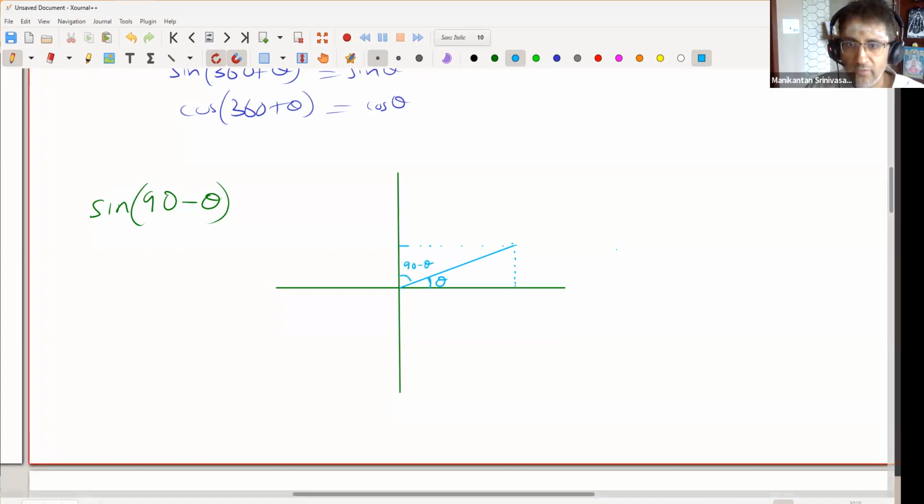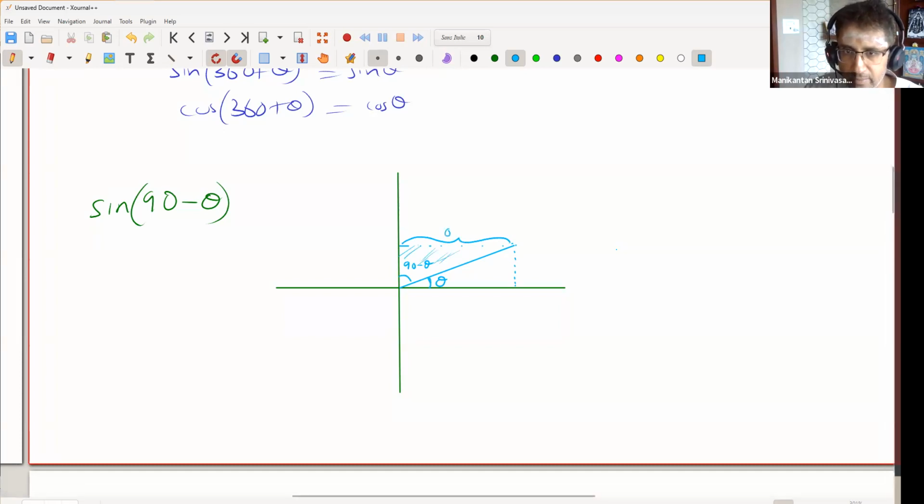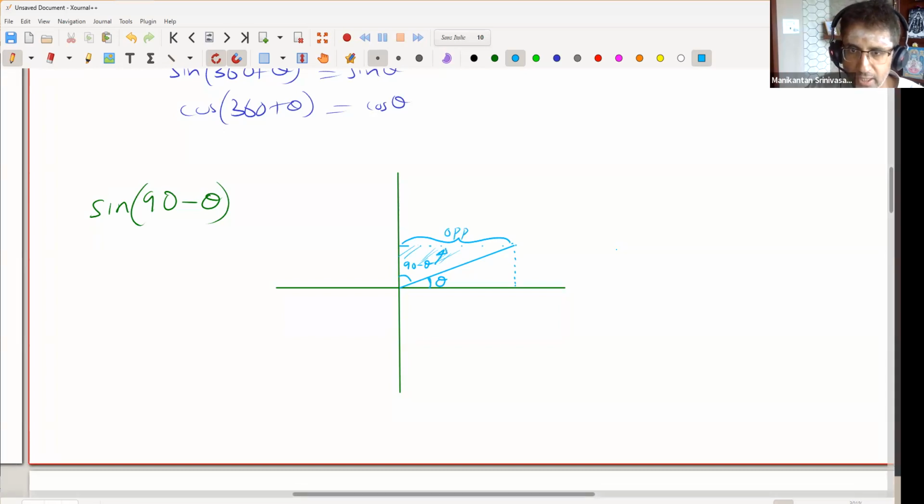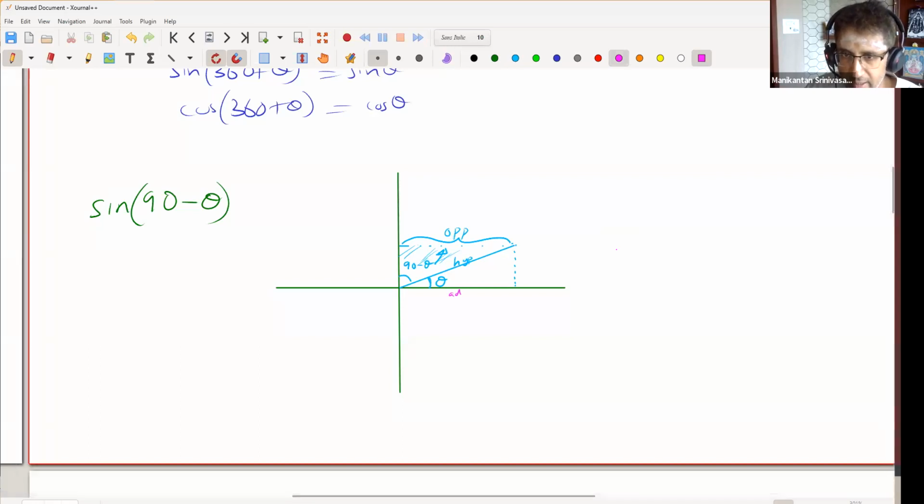If I'm looking at sine of 90 minus theta in the top triangle, this becomes the opposite side, because as far as 90 minus theta is concerned, this is the opposite side. The hypotenuse is still the same. Whereas in the lower triangle, as far as theta is concerned, this is the adjacent side.